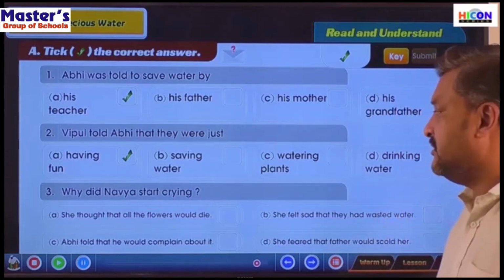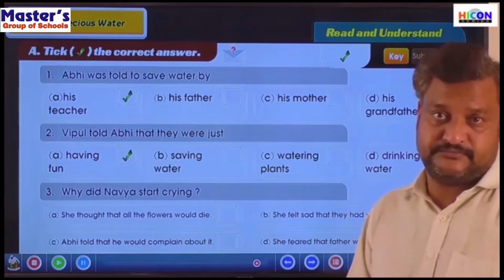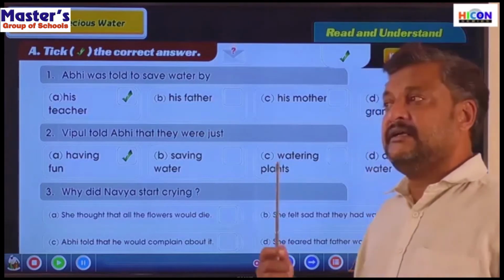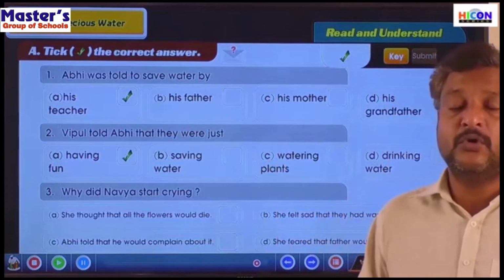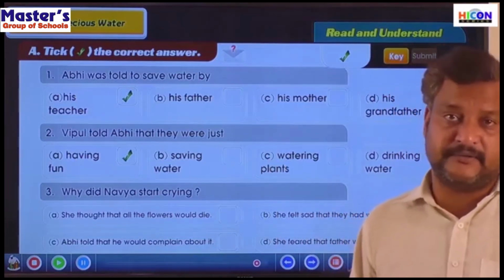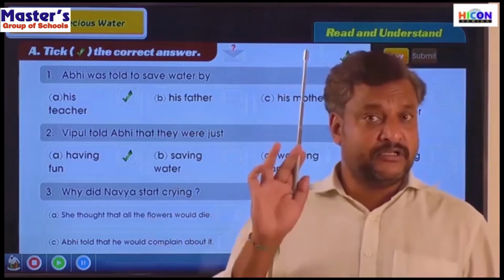Yeah, Navya loved butterflies a lot. Navya loved butterflies a lot. Abhi said if you waste water like this, there won't be any water to water the plants, and if you do not water the plants, they will die. So immediately Navya thought about the butterflies.